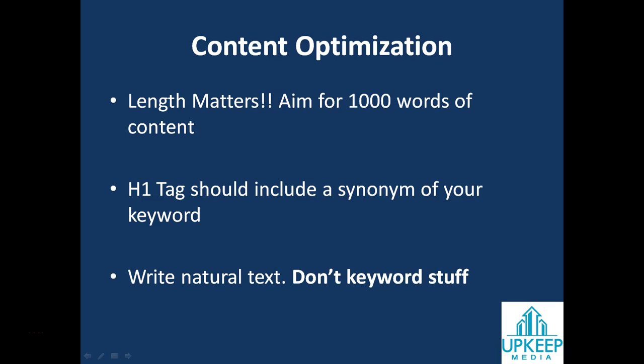Having it in your page title, a synonym in your H1 tag, and then including the keyword maybe once, twice or 3 times in the actual content of your page is enough. Search engines are very smart nowadays, and they like natural sounding text.